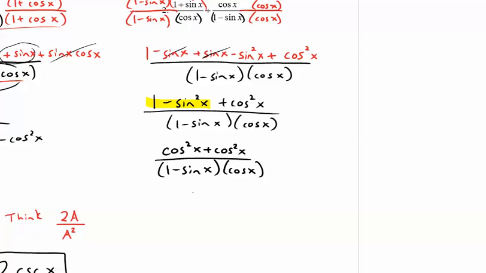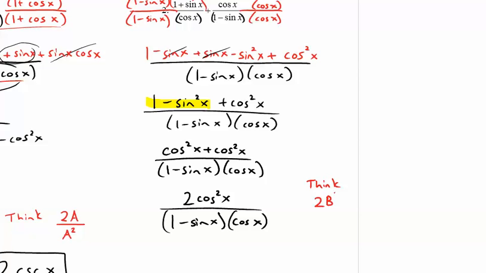Cos squared plus cos squared is 2 cos squareds. Now again, in your head you can be thinking at this point that this is like 2b squared over 1 minus a times b.